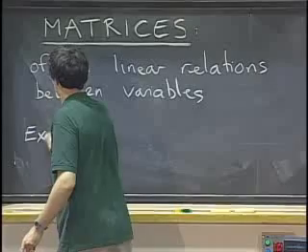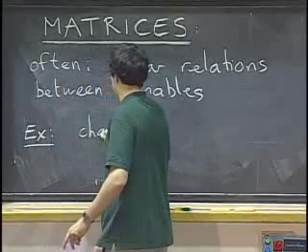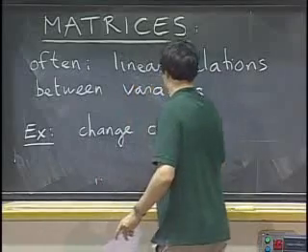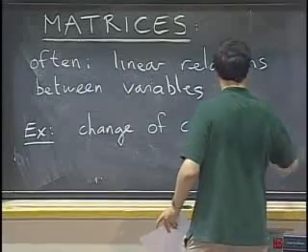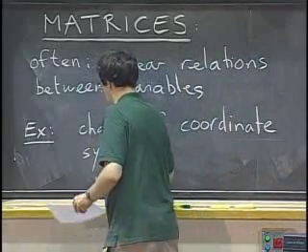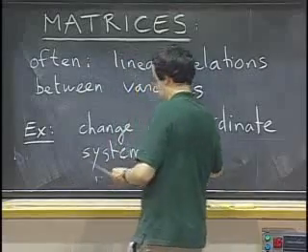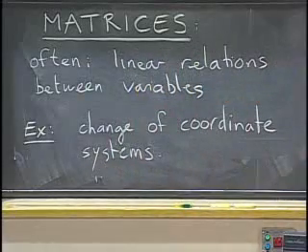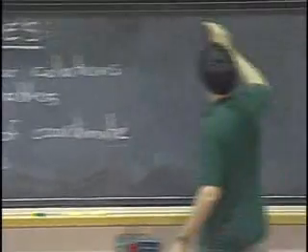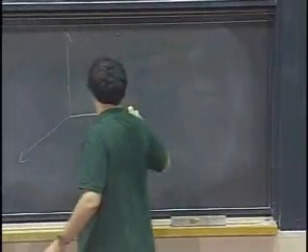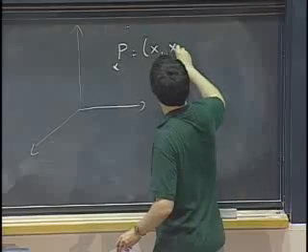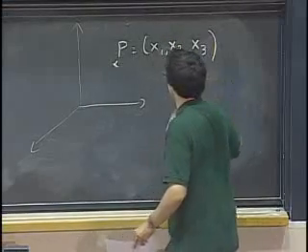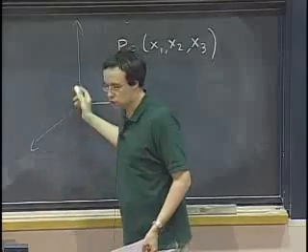And for example, well, if we do a change of coordinate systems, so for example, say that we're in space, and we have a point, so its coordinates might be, let me call them x1, x2, x3 in my initial coordinate system.